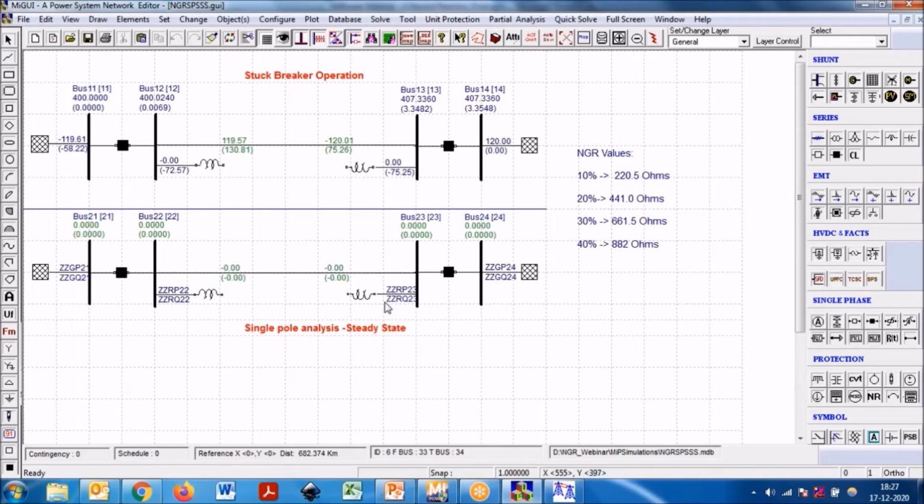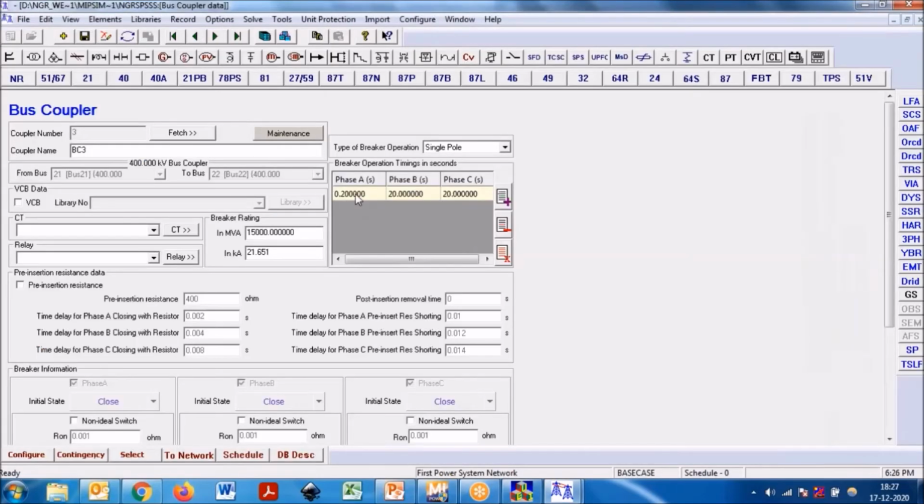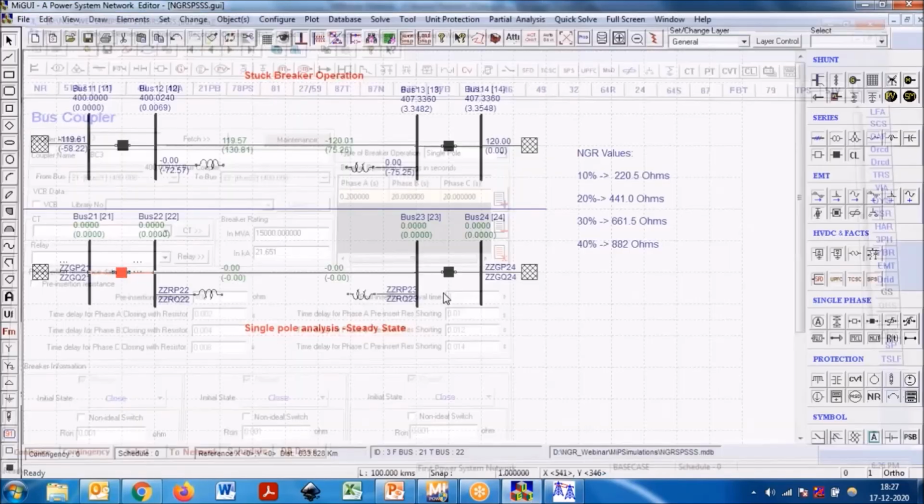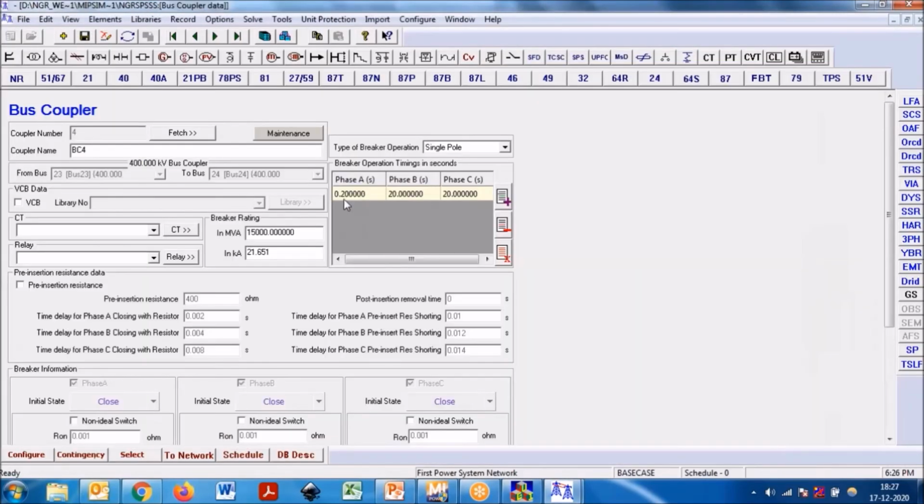Okay, so here is what I explained, a steady state analysis where we do the stuck breaker operations and single pole analysis. Here we'll be opening at 0.2 seconds, and we are creating the fault at the line.